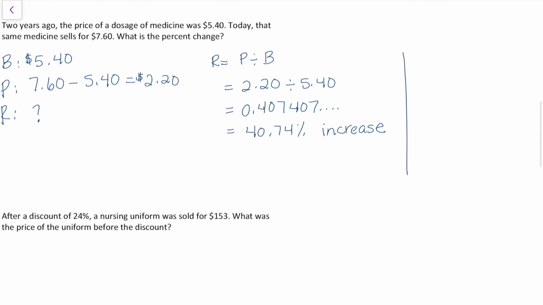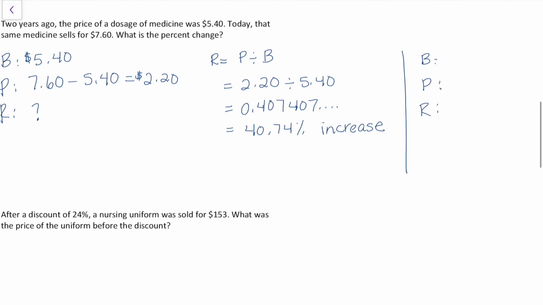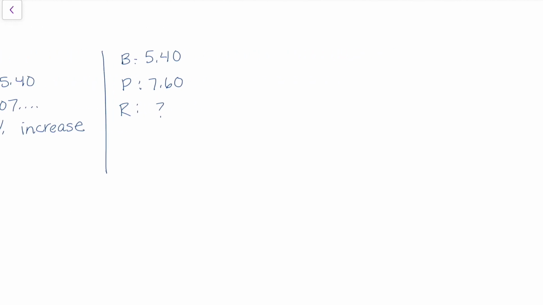Now, if I had used $7.60 as my portion, let's see what that looks like. I'm still going to do portion divided by base.